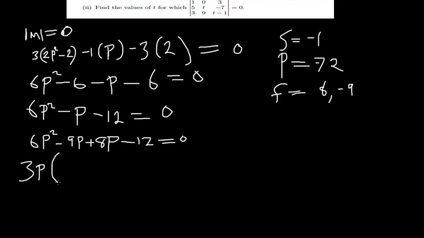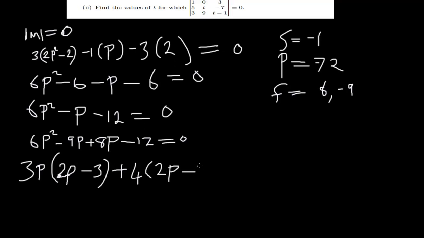3P is common. Then 3P into 6P squared, it goes there 2 times, like that. And then minus 3P into 9P, it goes there 3 times. And then here you're going to have your plus 4 into 8P, you get your 2P there.